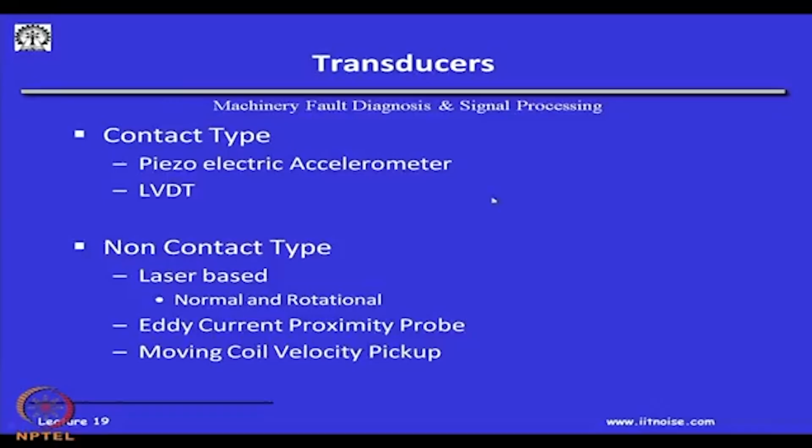Before I go into that, let me give you a general overview of the different types of vibration transducers available to us. One is the piezoelectric accelerometer, and we will discuss piezoelectric accelerometers in detail, because 95 to 99% of vibration transducers nowadays are piezoelectric accelerometers, because of the convenience of measuring omega square A, which is acceleration.